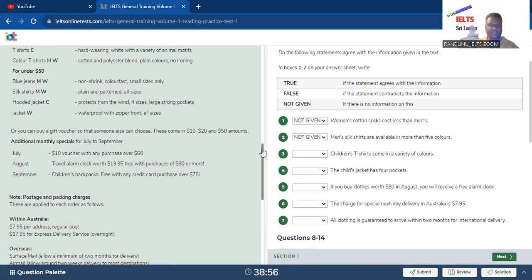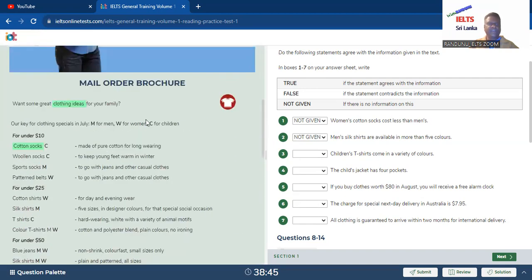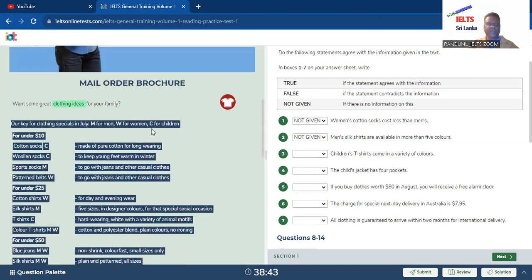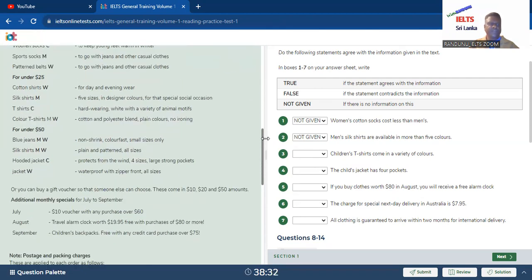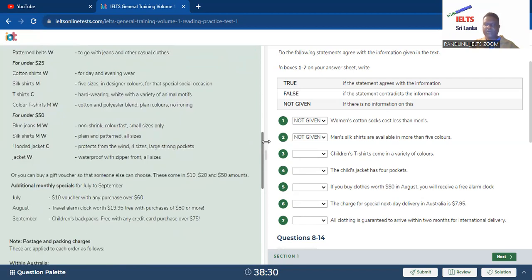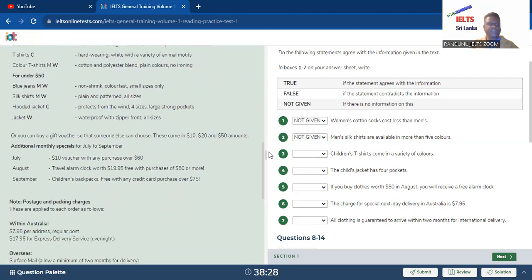Earlier there was something that they have mentioned C for children, W for women, M for men. They have given that key. I didn't tell that here, right? They have mentioned that they are giving M for men, W for women, C for children, right? Based on that only these things are going, but I forgot to tell that one. Anyway, now it is about t-shirts, children. Okay, it is here.